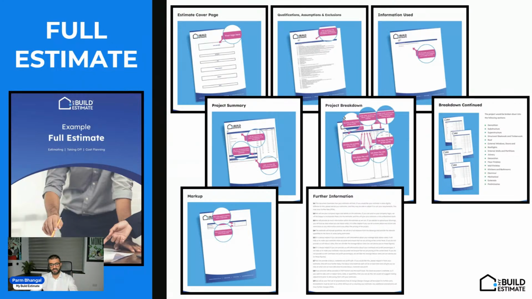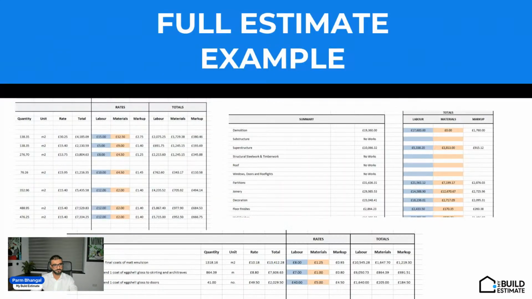So we get great feedback on our full estimate. Clients that use our full estimate and our budget estimates probably win more work than other contractors that don't use our service. And we've seen that. We've helped clients to improve their win rate by using our documents. We're going to look at this in more detail now, and this is where the profitability comes into it.